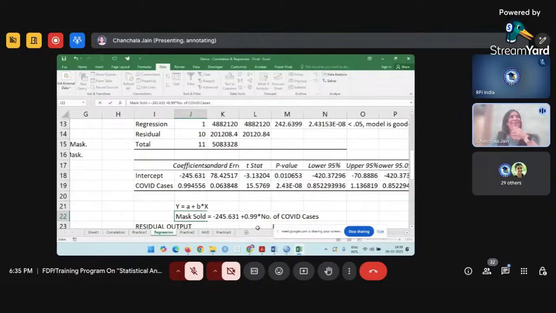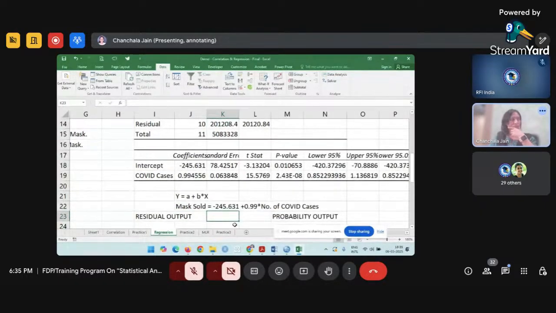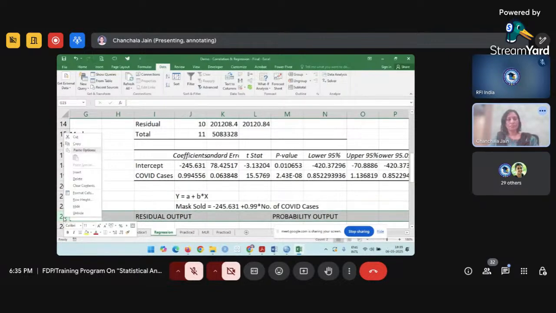So this will be the equation. Fine. Clear, everyone?